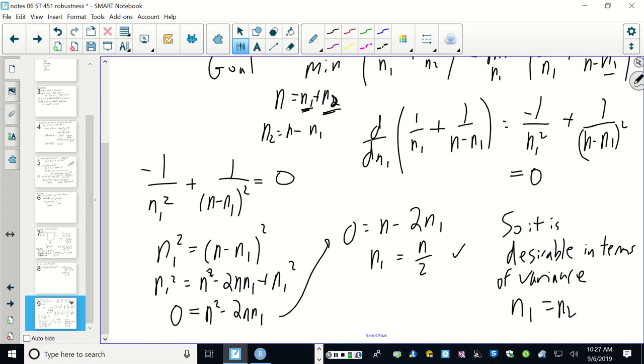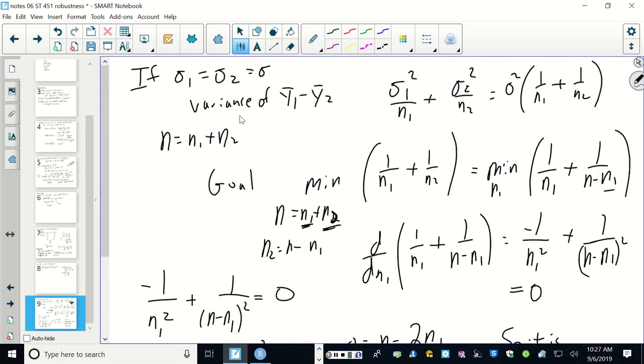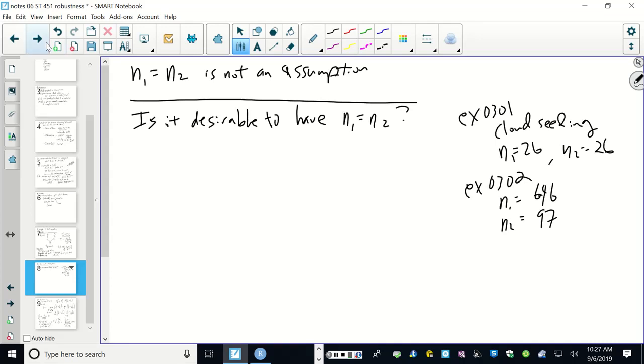And so, to go back to that, is this procedure impacted by any of these distributions? Let's look at one simulation today to put it in context. So this was not necessarily an assumption, to have n1 equals n2, but it's desirable to have it equal from an efficiency standpoint.